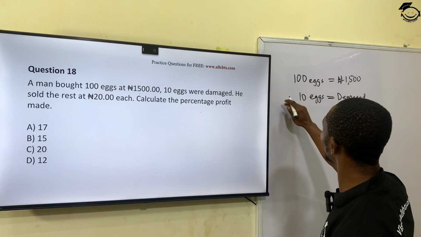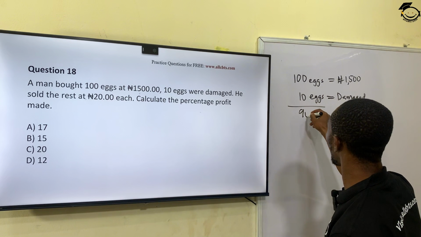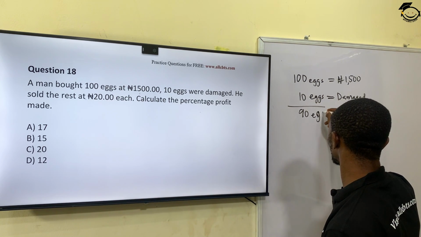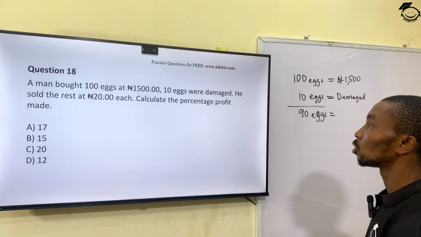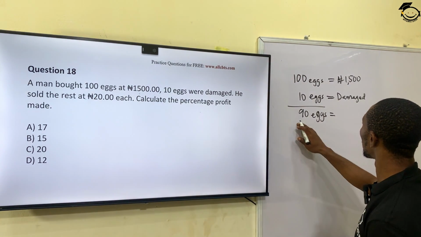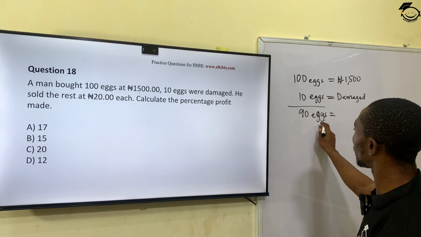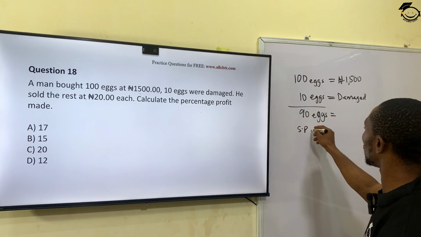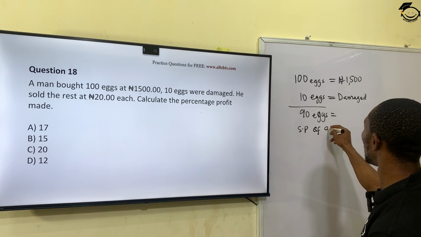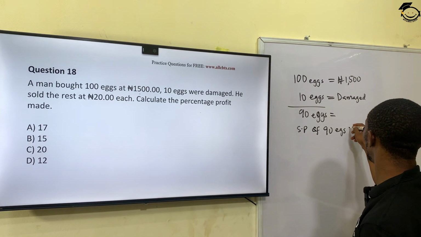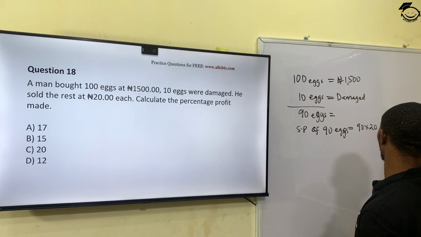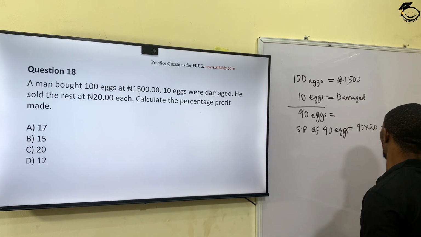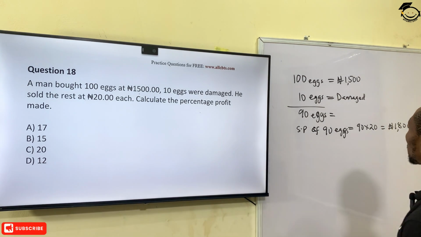So 100 minus 10, we have 90 eggs left. For each of these 90 eggs, he sold at 20 naira. So the selling price of 90 eggs would be 90 times 20, which will give us 1,800. So he made 1,800 from selling the eggs.